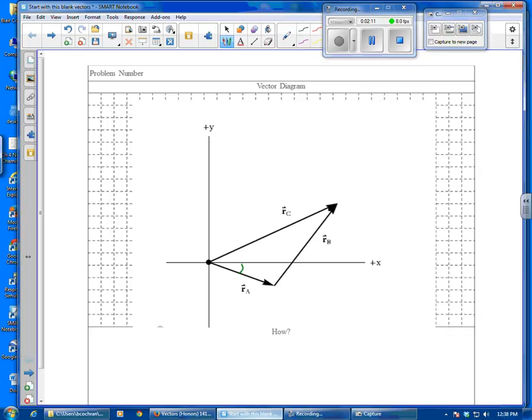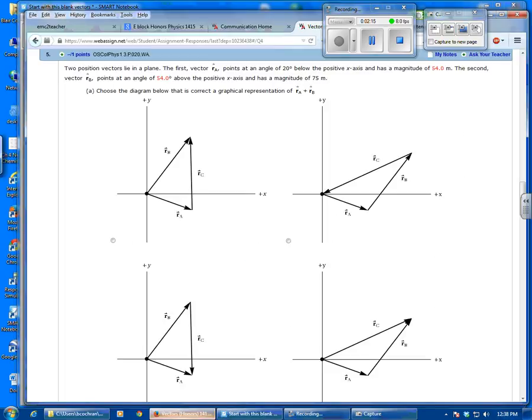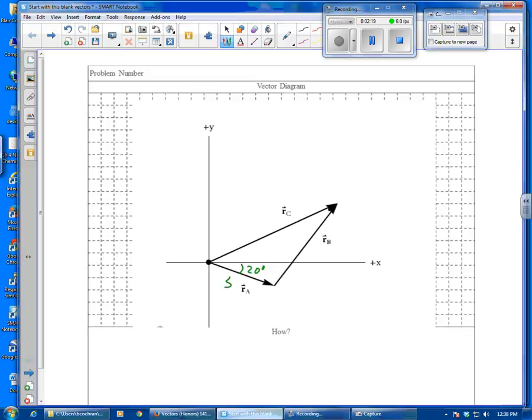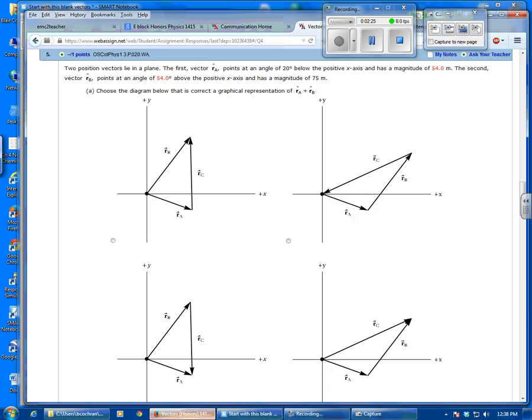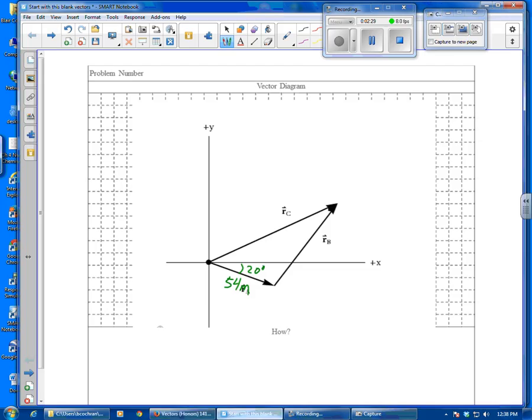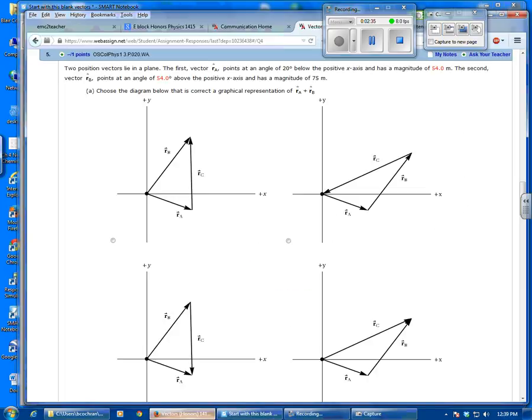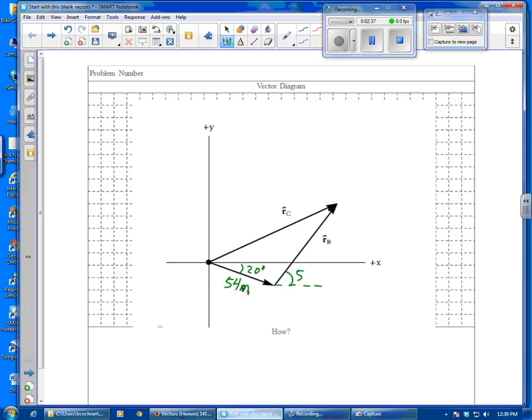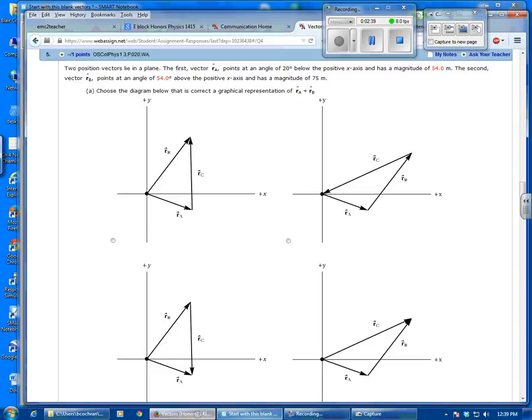This angle is 20 degrees and this length is 54. The second is at 54 degrees, and has a magnitude of 75 meters.